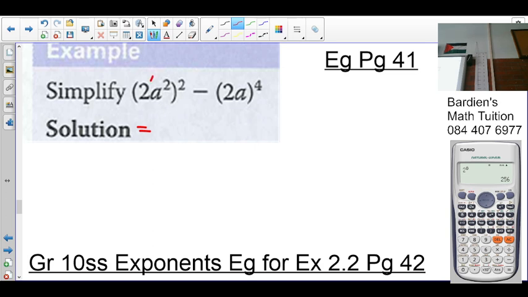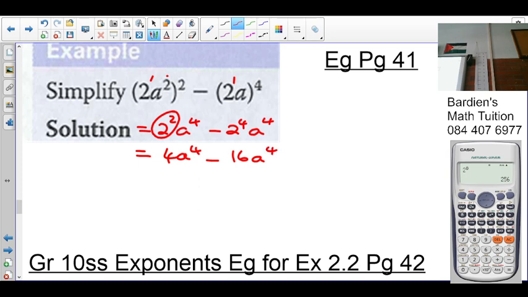There is a 1 here, so it will be 2 to the exponent 2, 1 times 2 is 2, a to the exponent 4, minus 2 to the exponent 4, a to the exponent 4. So what's 2 to the exponent 4? It's 4a to the 4 minus 16a to the 4. You all agree with that?